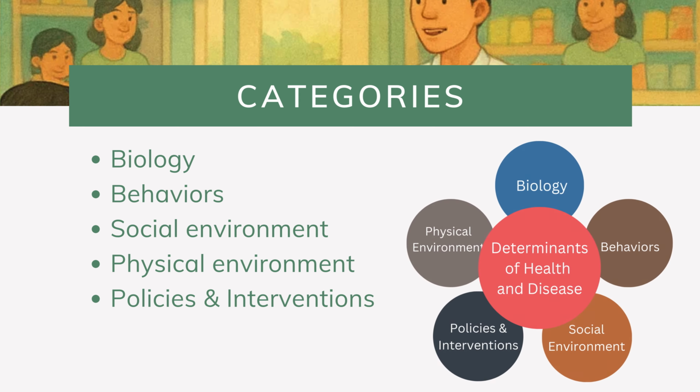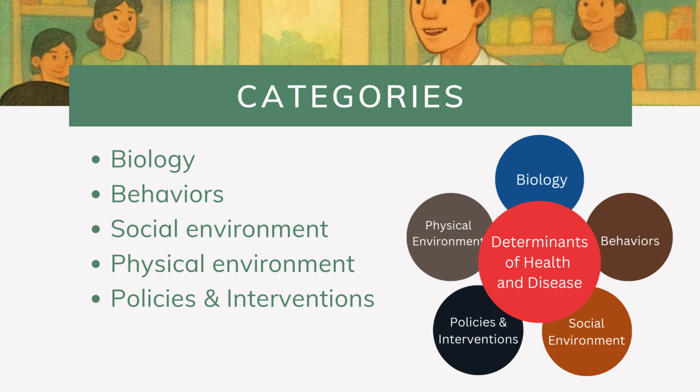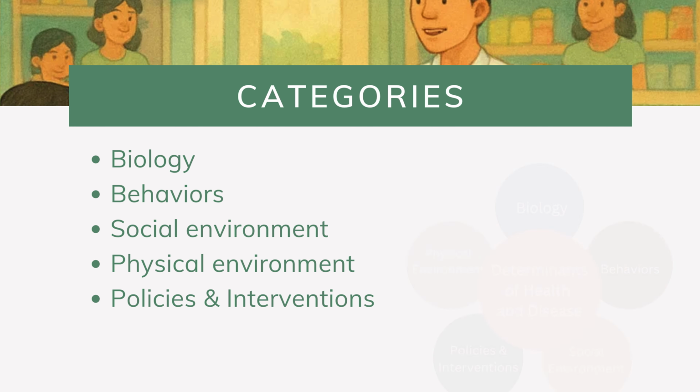All of these determinants, biology, behaviors, social environment, physical environment, policies, and interventions affect each other and contribute to the health condition of everyone in the community. That is why when we plan our interventions, we must address more than just the clinical symptoms. We must look at the whole ecosystem of health.